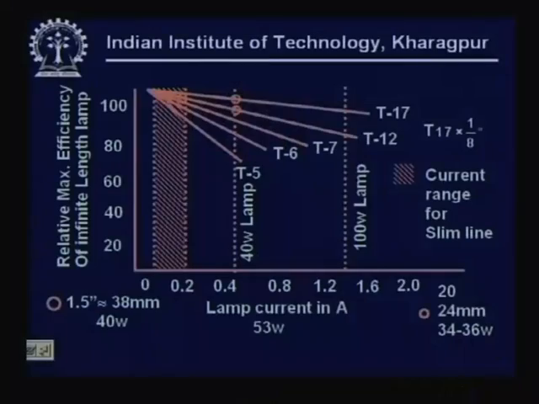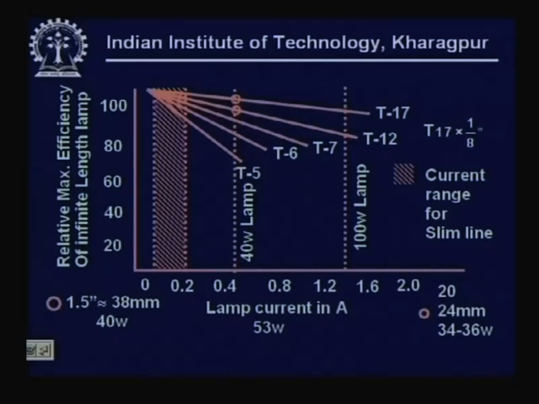The other thing is, you have slim lines which have typically 24 mm diameter. 24 mm diameter would mean it is about an inch, and consuming around 34 to 36 watts. You do have certain high power lamps of the order of 53 watts.